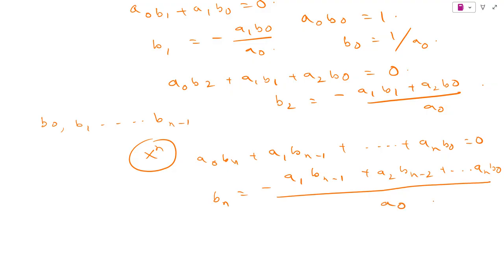And since a0 is not equal to 0, division by a0 is always possible, and thus every coefficient bn can be determined uniquely. Hence g(x) exists, and therefore f(x) is invertible.